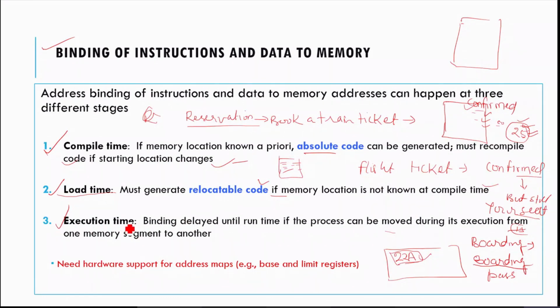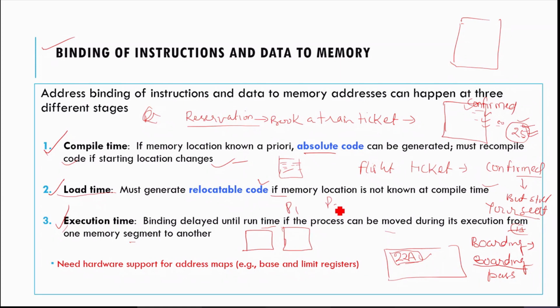So the next one is the execution time. Again, there is one more possibility. Here address binding is delayed until runtime, if the process can be moved during its execution from one memory segment to another. Meaning, you are traveling in the flight, and two persons from the same family booked tickets.